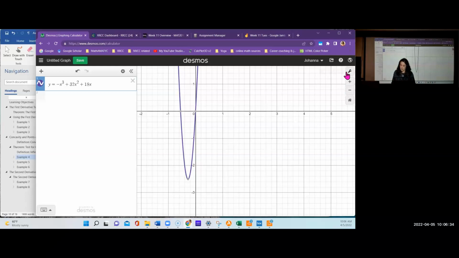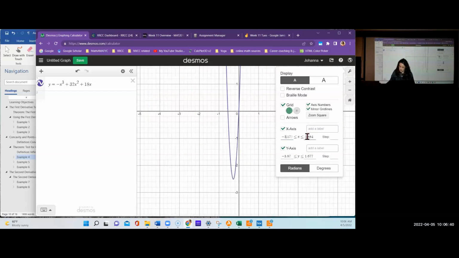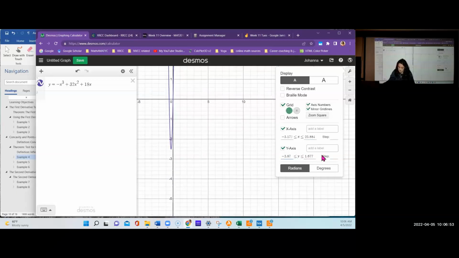So I said that I probably need to go from about -5 up to 25. So I'm going to change that to -5, and I'm going to take this up to at least 25. And for the Y values, I said I probably need to go from at least maybe -5 up to 5,300.